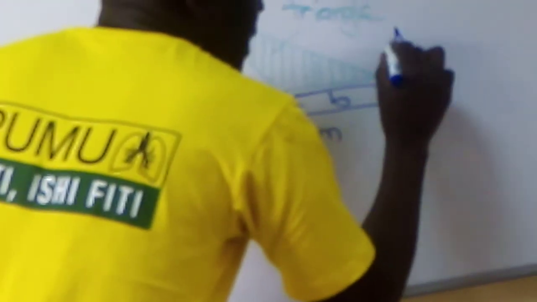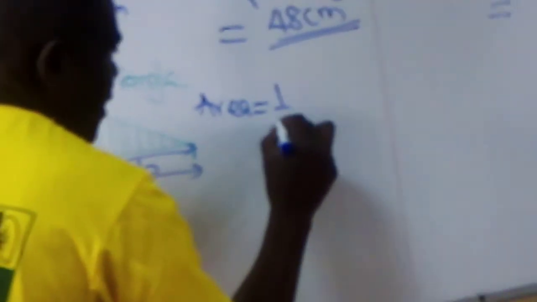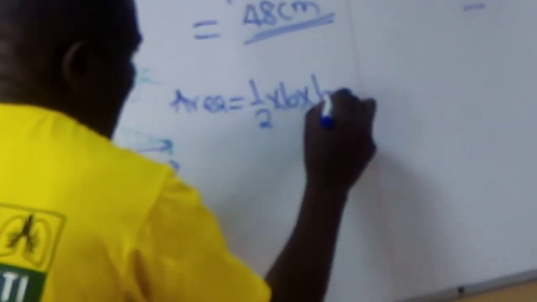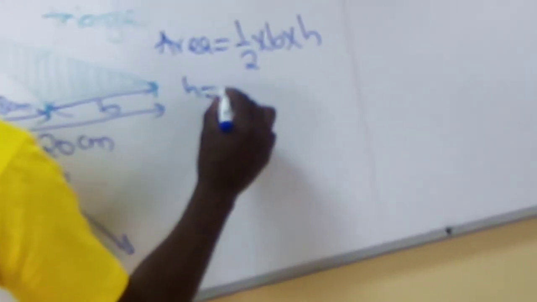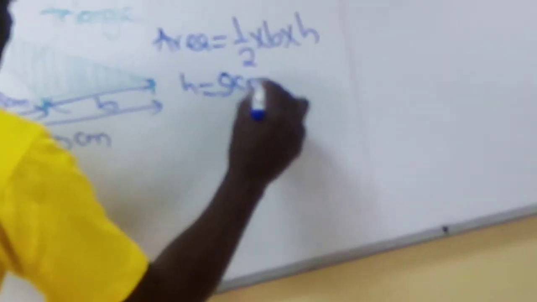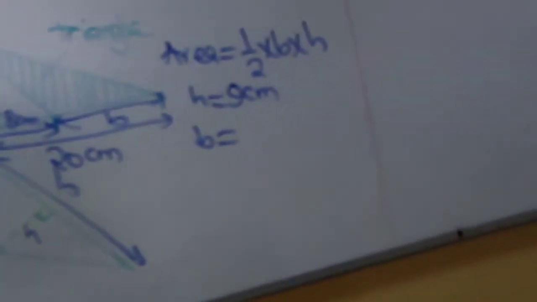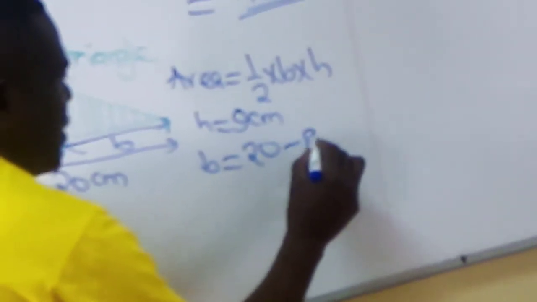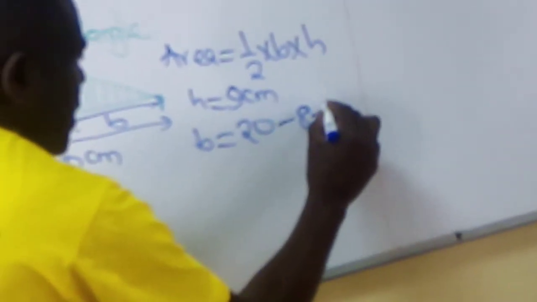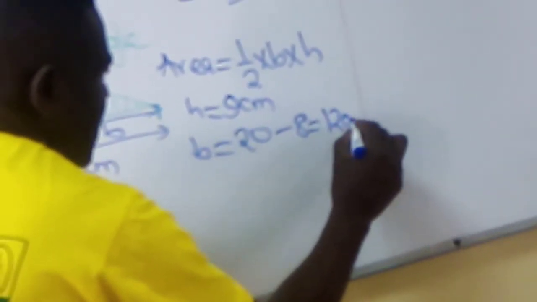Still, write the formula, area is equal to half times base times height. Then, we want to know which one is the height. The height is given, 9 centimeters. Base is not given directly, and so you must subtract 20 minus 8 to get the base, which is 12 centimeters.